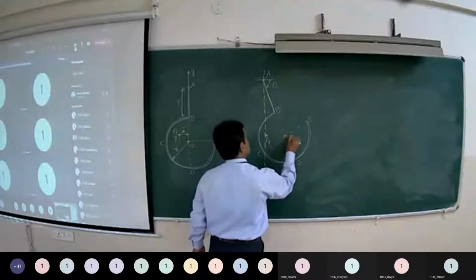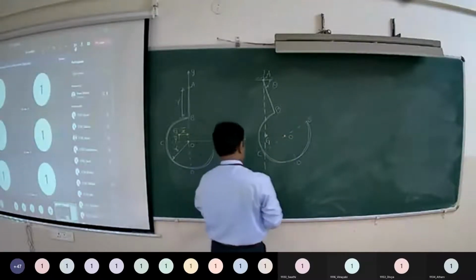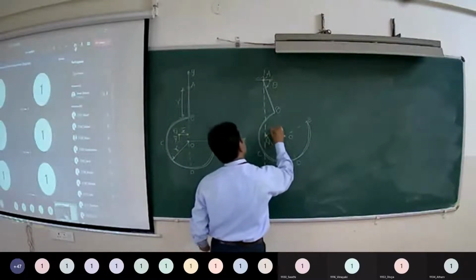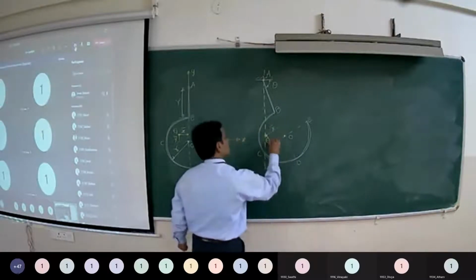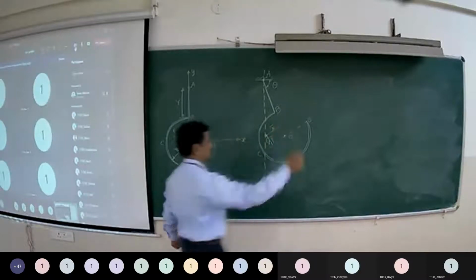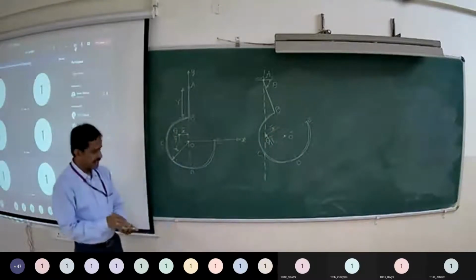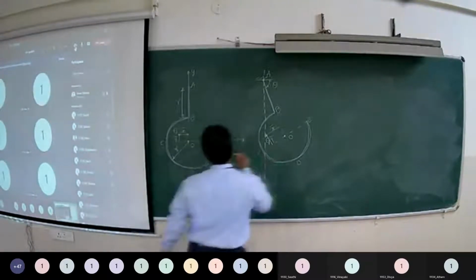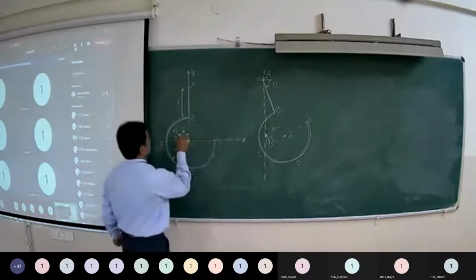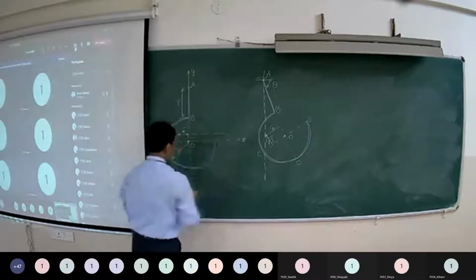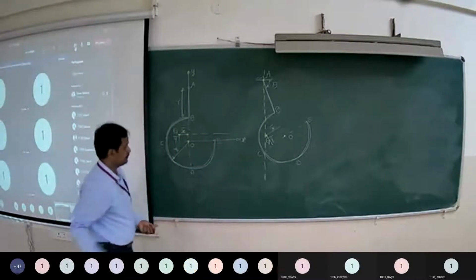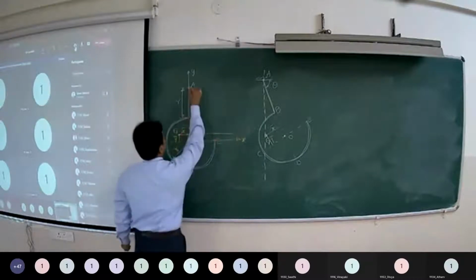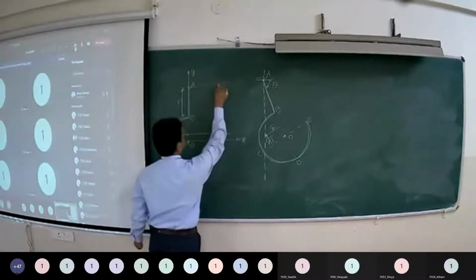So with respect to point O, you are having x bar and y bar, right? Now you tell me, how much is this distance? Vertical distance of G from A.